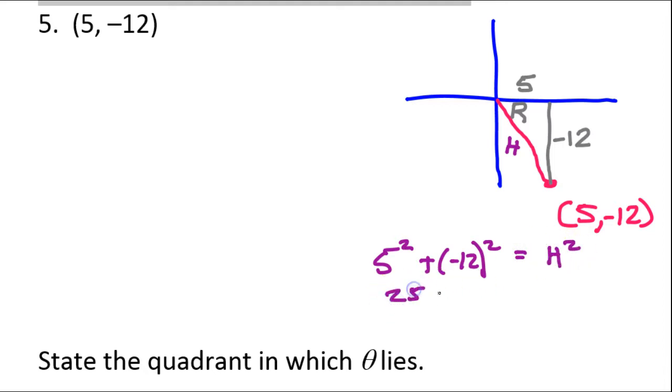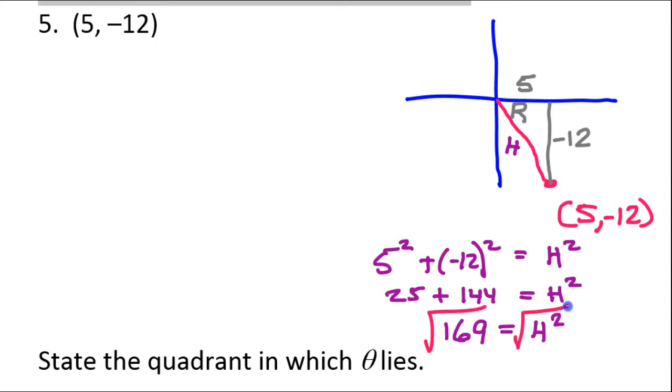So that's 25 plus 144 is equal to the hypotenuse squared. So that's going to be 169. And if I take the square root of both sides, that tells me that the hypotenuse is actually 13. So let's go ahead and put that into the picture.